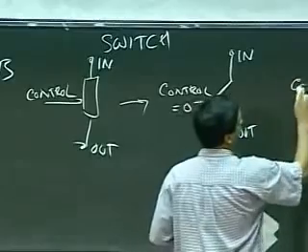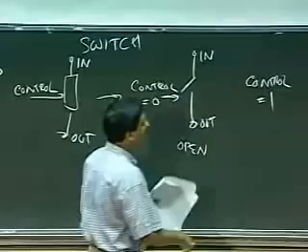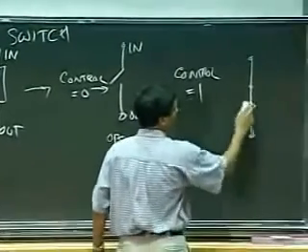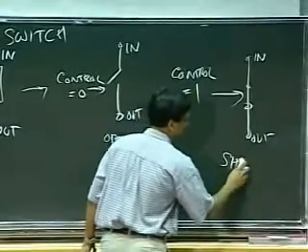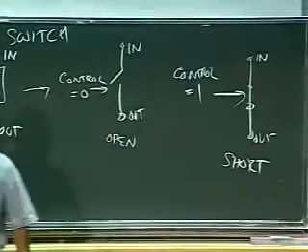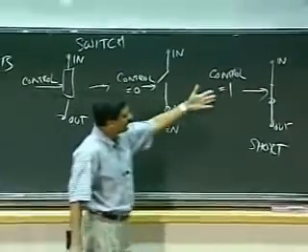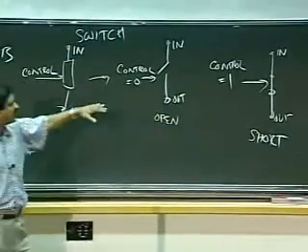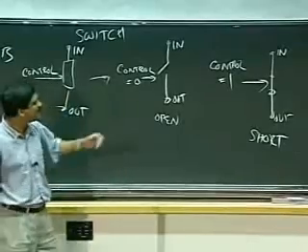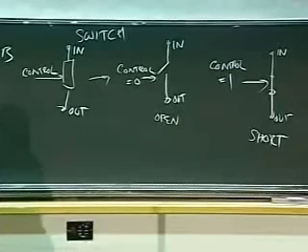And by the same token, if my control is a 1, then I have a connection between in and out, and this is a short circuit. So in other words, if my switch has 0 at its control, and I'll talk about how to get that, I have an open circuit, and if it's a 1, then I have a short circuit. This is my switch going on and off.